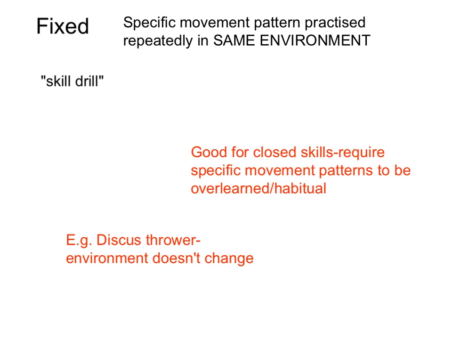The shape, size and weight of the discus itself is the same. It's got to land within the V. So you're performing the skill the same each time without any change in environment. Practicing the same movement pattern with no change in environment is going to be the best way for these closed skills. It allows those skills to then be overlearnt and become habitual.